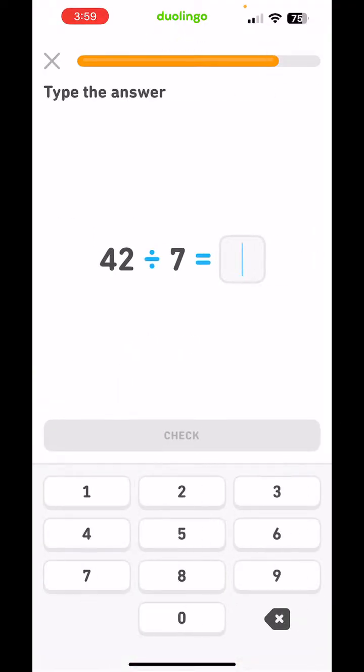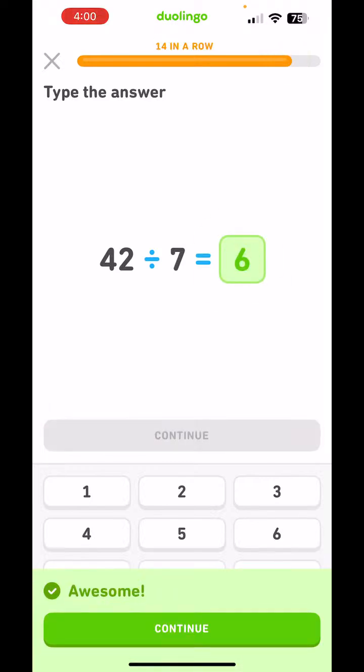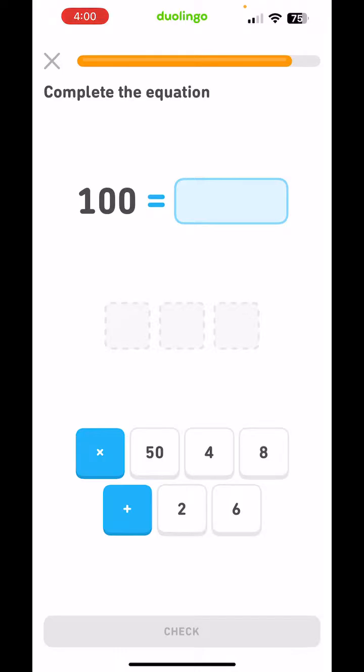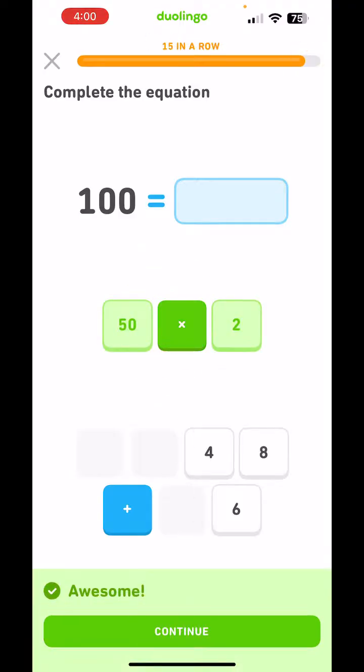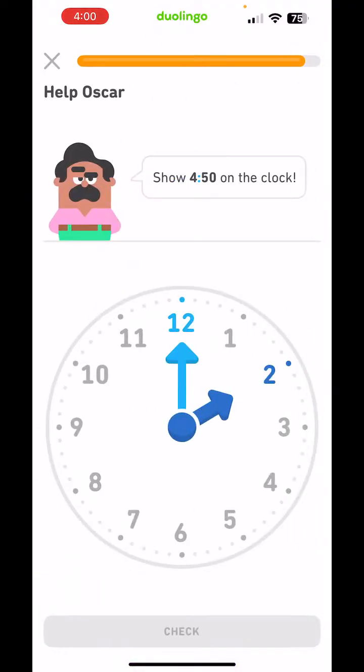42 divided by 7. That would be 6. All right. So now we have, let's see, we could do 50 times 2. It's 100. Show 450 on the clock.